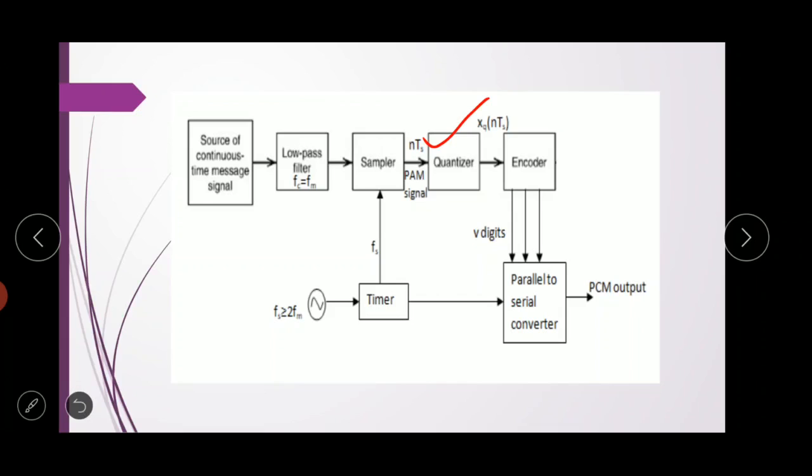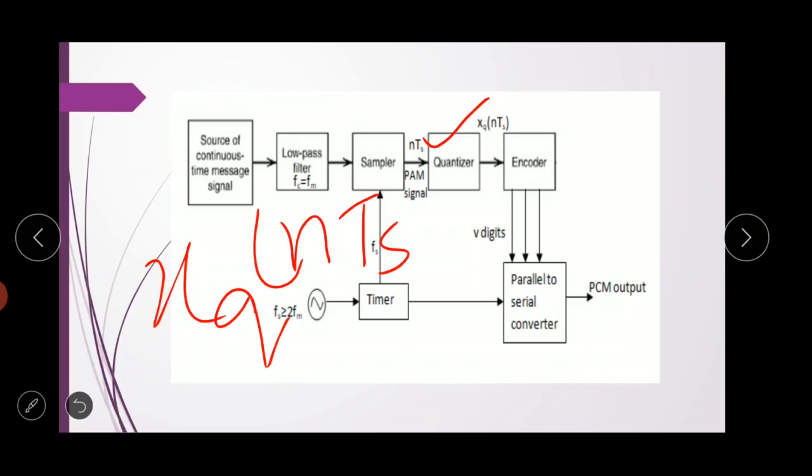Thus the output of the quantizer is a digital level called xq of nTs. So the input to the quantizer is x of nTs, the sampled signal, and at the output of the quantizer we get xq of nTs, a quantized signal.